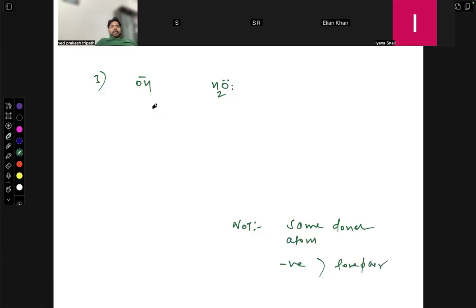Like here, they have oxygen. So this is negative, this is a lone pair, so this one is a good nucleophile. Suppose we have NH2 minus and ammonia, then NH2 minus is a good nucleophile. Suppose you have RO minus and ROH, then RO minus would be a good nucleophile. Make sense?